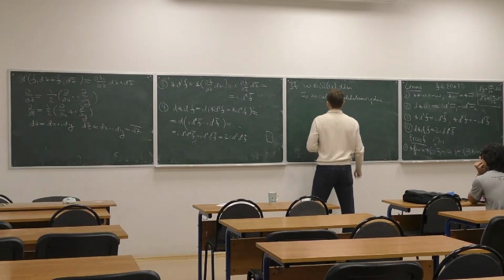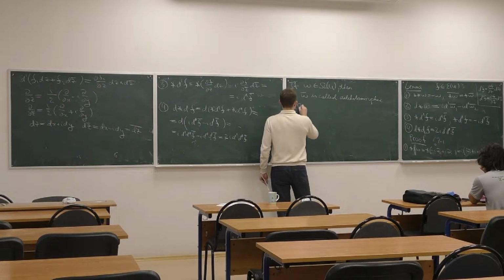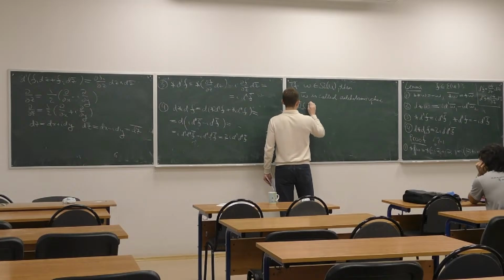And then the space of anti-holomorphic forms is denoted by this.